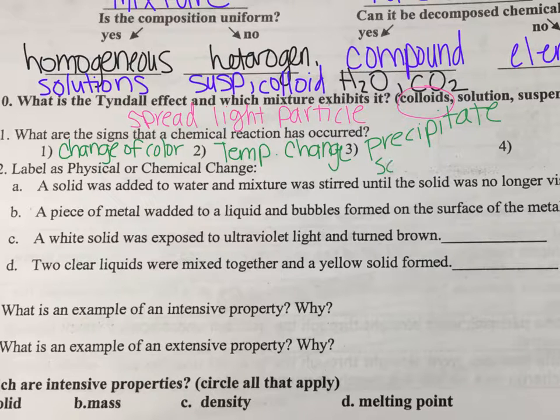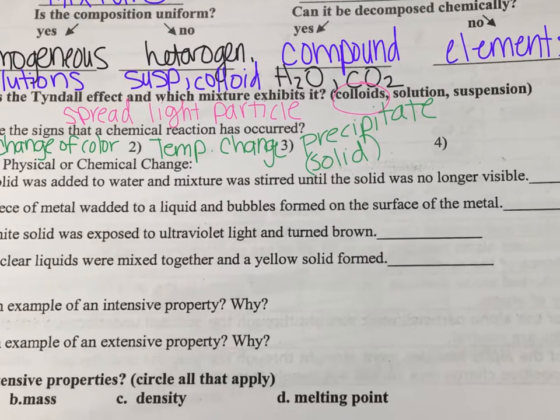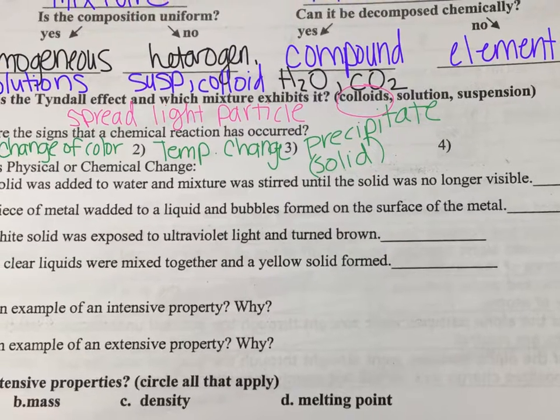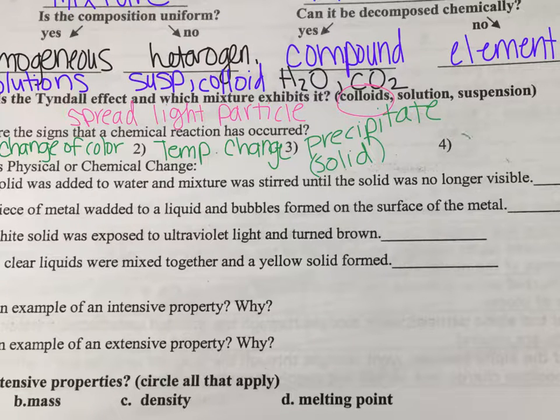So it's a solid from liquids. Okay, so I mix 2 clear liquids and all of a sudden this solid forms. Okay? It kind of looks like a little cloud inside of it. All right, and then gas. Bubbles. Bubbles of bubbles of bubbles. Okay, and somebody said odor, and that's correct also. I'm putting that kind of under gas though. Okay? Those are the forming ones.